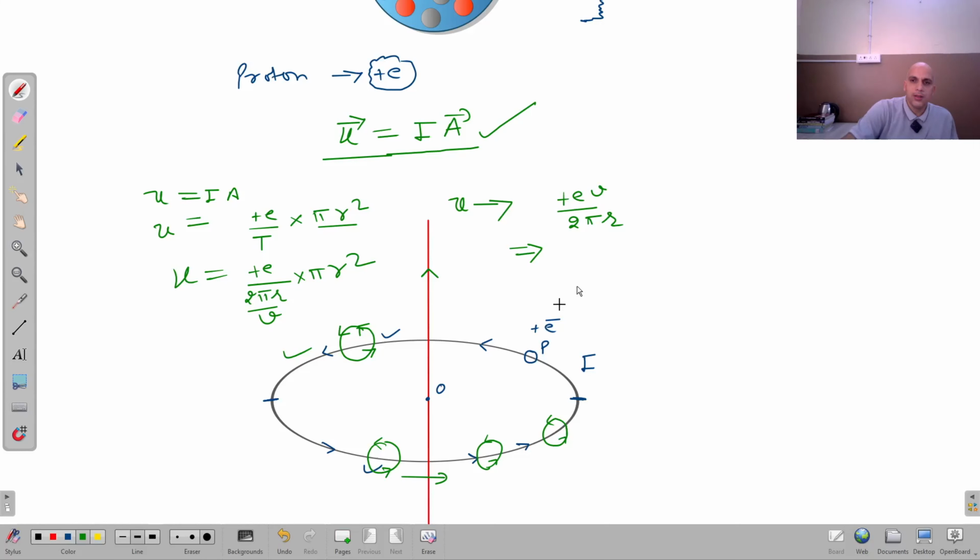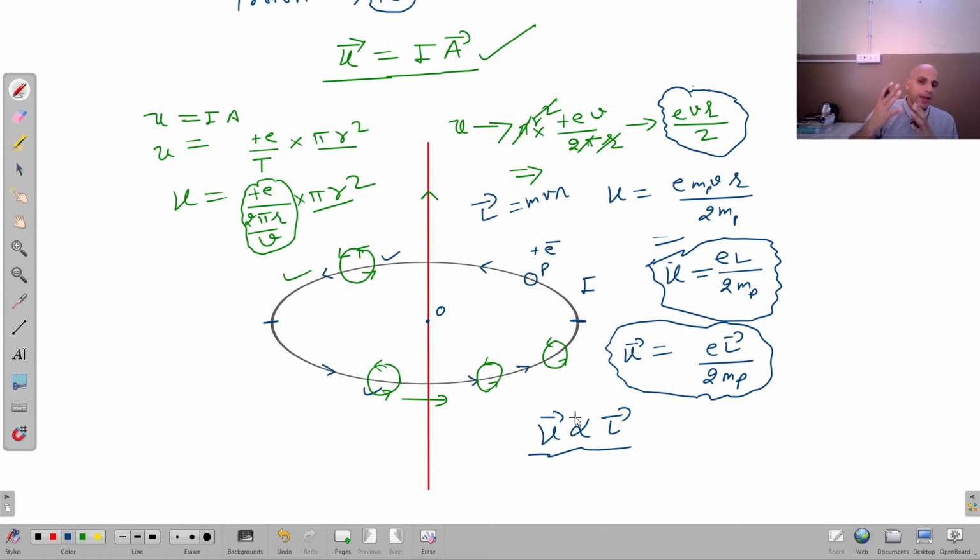Now this is the magnetic dipole moment, right? And if I write it in the vector form, mu vector is equal to E into L vector upon 2mp. It means the magnetic dipole moment of the proton, that is orbital magnetic dipole moment, is directly proportional to L, and they are in the same direction, right?